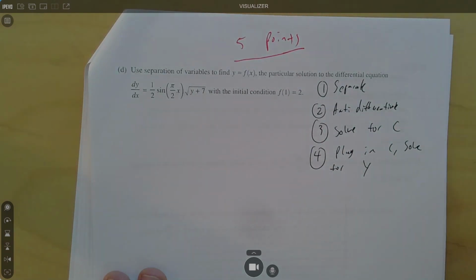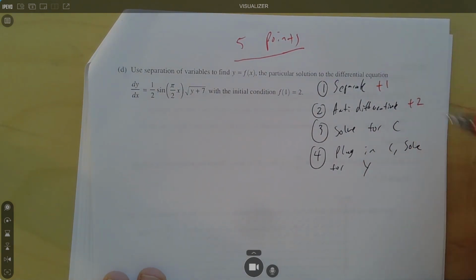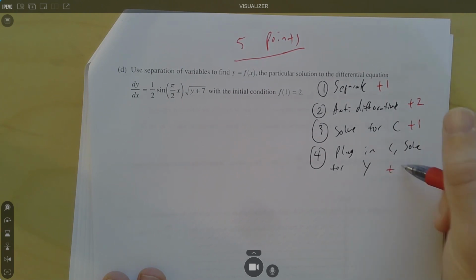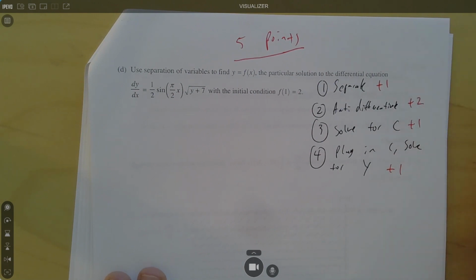It depends on the question, but generally separation is going to be 1 point, antiderivative is around 2 points, solving for C is a point, and then plugging back in C and solving for y is a point. So again, even if you get the first two, you still got the majority of the points.